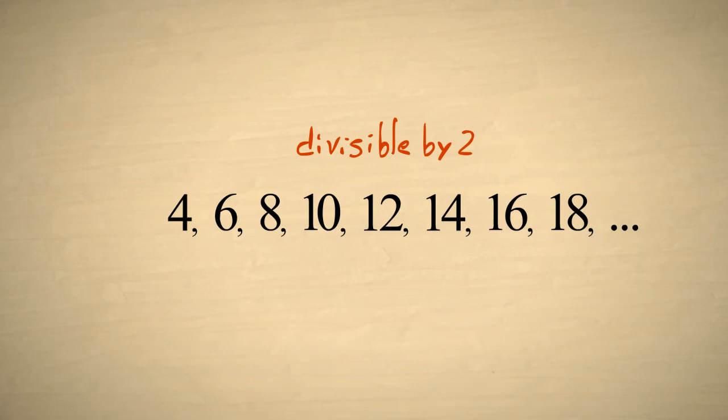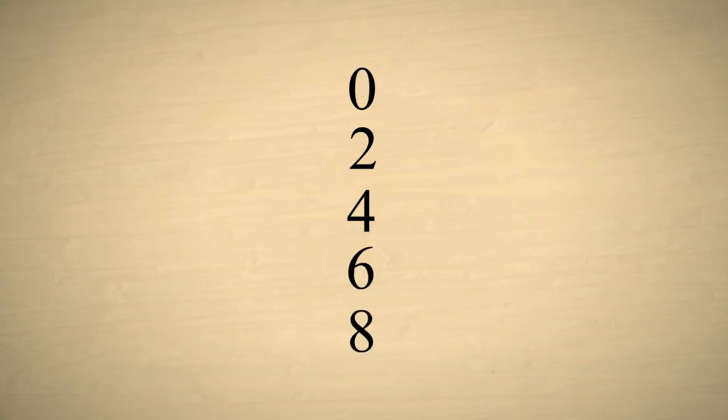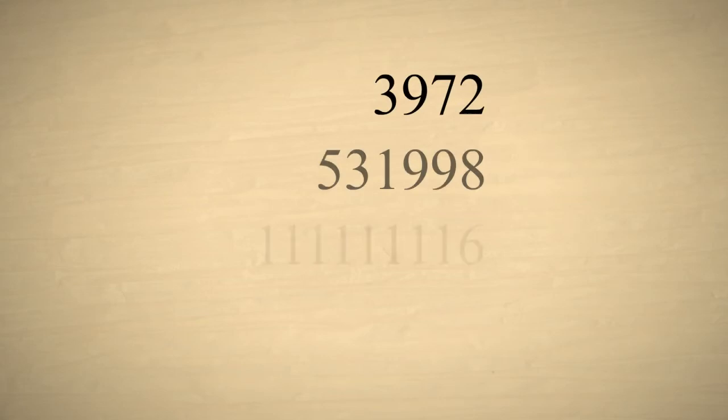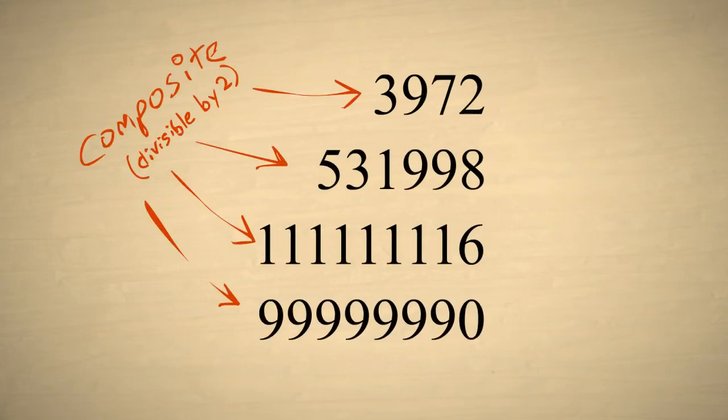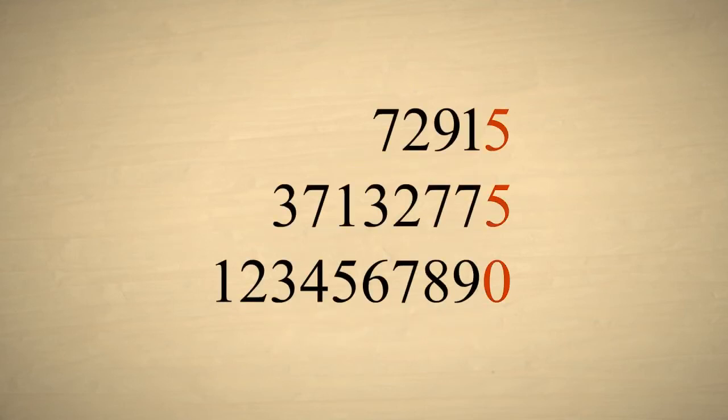Therefore, any number greater than 2 that ends with 0, 2, 4, 6, or 8 is a composite number. For example, all of these numbers are composite, since they end with 0, 2, 4, 6, or 8, and are therefore divisible by 2. Also, any number which ends with 5 or 0 is divisible by 5, and is thus composite.